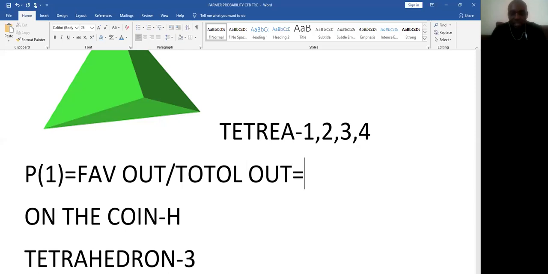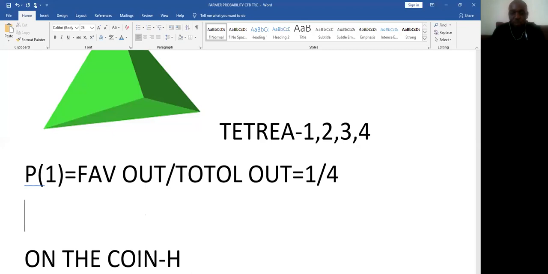In this case, the favorable outcome for getting 1, if you toss it once, you can only get one, once. Out of how many outcomes? 4. So the probability of getting each and every face, the probability of getting 2 on the tetrahedron if you toss it once, is also going to be 1 over 4. Probability of getting 3 is also going to be 1 over 4. There's no need of me writing all of them. 1 over 4.